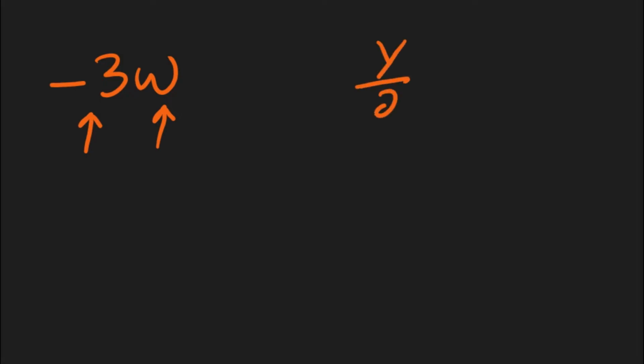Now suppose that we are given something like this, and we want to decide whether this is an algebraic term or not. Negative 3W. The answer is yes, because we have the coefficient negative 3 and we have the variable W. Now, how about Y over 2?